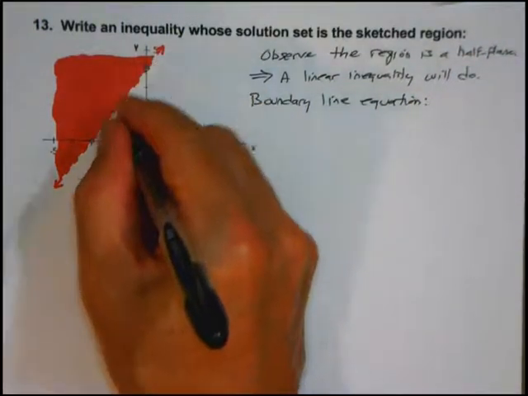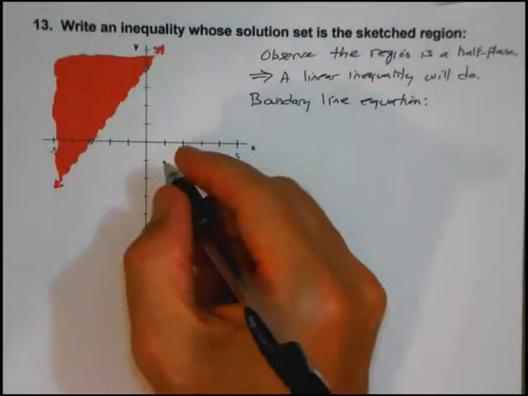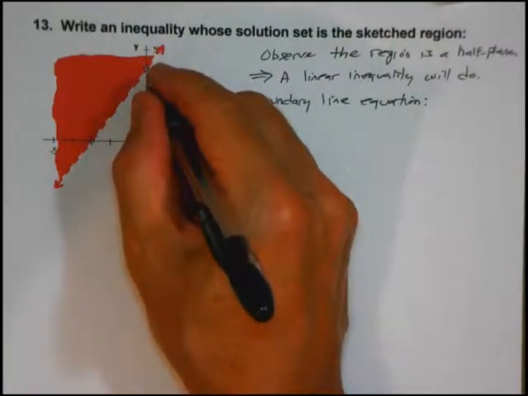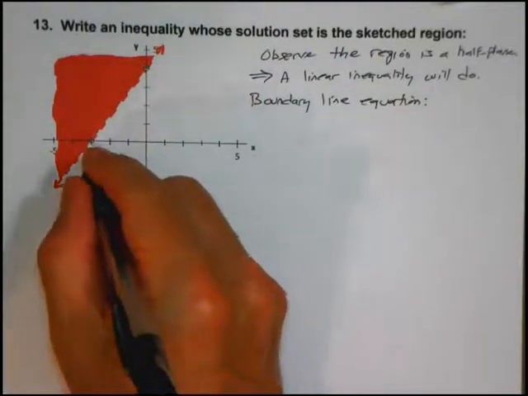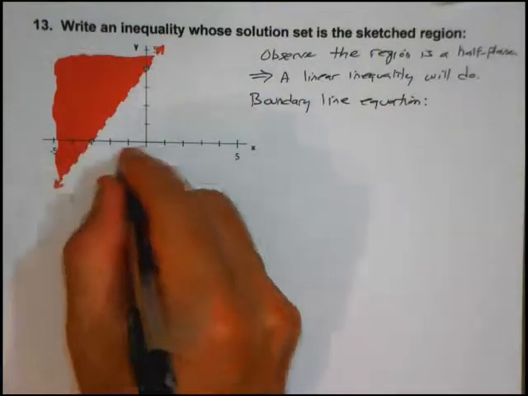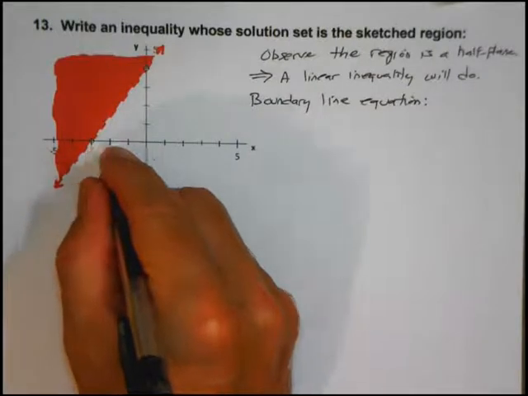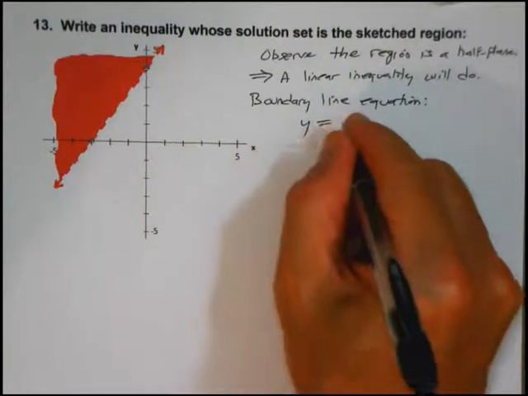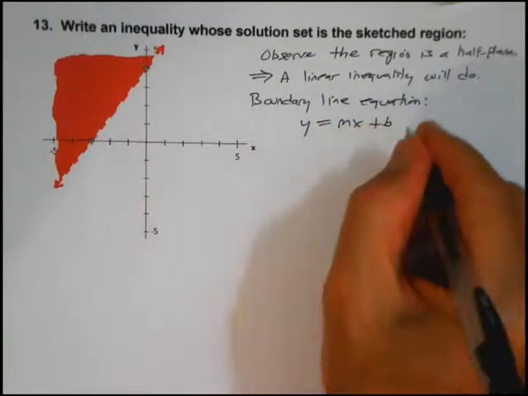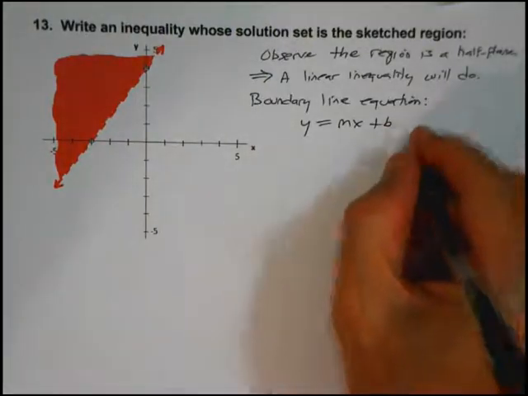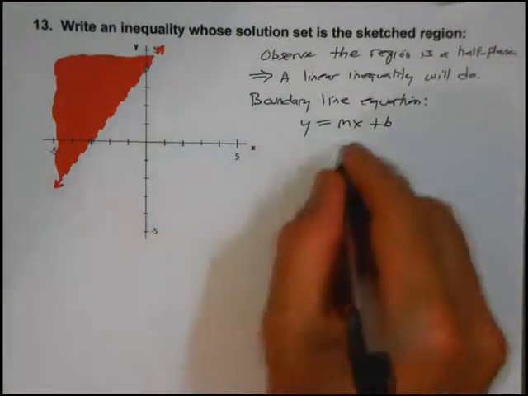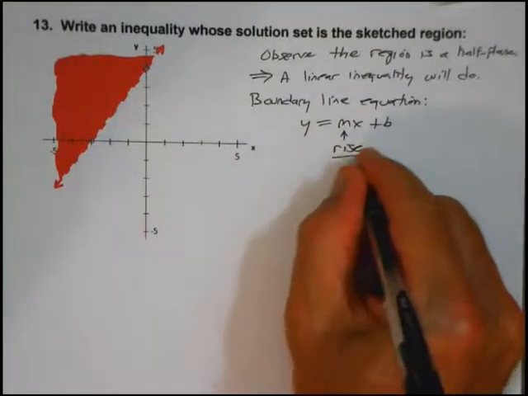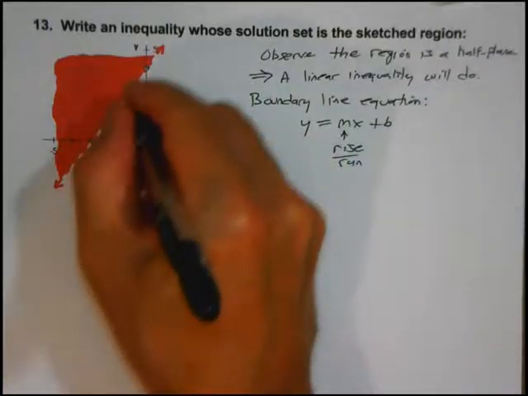So we're looking at this dashed line here, and the information we know about it is this very clear y-intercept at 0, 4, and this other point, the x-intercept, also very clear, negative 3, 0. We might choose to think in terms of y equals mx plus b, slope-intercept form. Let's get the slope, rise over run as you go from left to right.